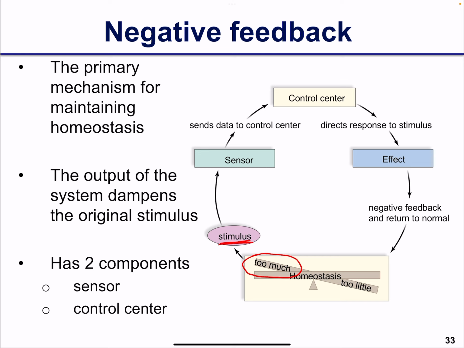The high temperature and the high pH is going to constitute the stimulus. That stimulus is going to be detected by a sensory organ. That sensory organ is going to send the information in the control center. The control center integrates the information, makes a decision, and that decision is sent to the effector organs.